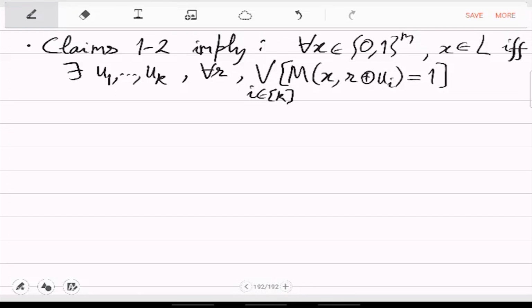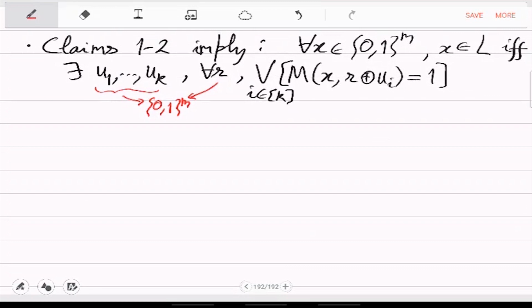So there exists a set U such that no matter which R you take, so this domain is 0 1 to the m. So from this domain, no matter what choice of u1 to uk, such that no matter what R you pick, one of these strings R XOR UI will be a good string for the yes input string x, right.